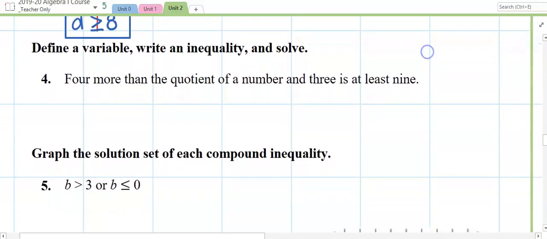For number 4, it says, let's define a variable and write an inequality and solve. I'm going to let x be my variable, but you could have used any letter.